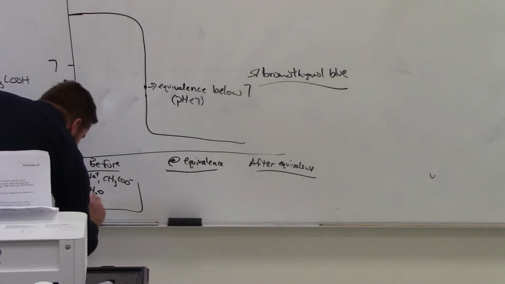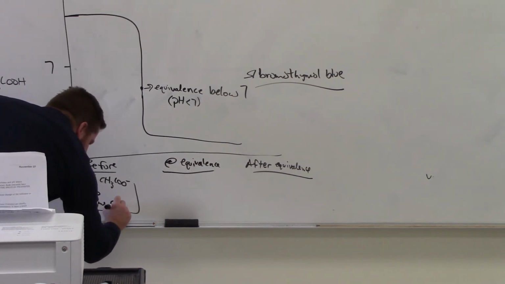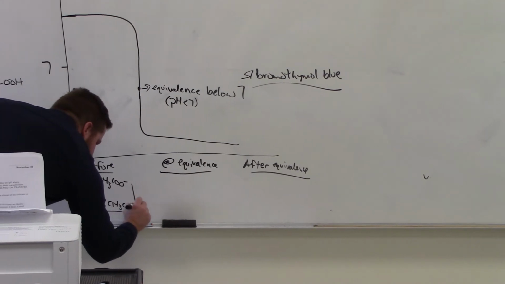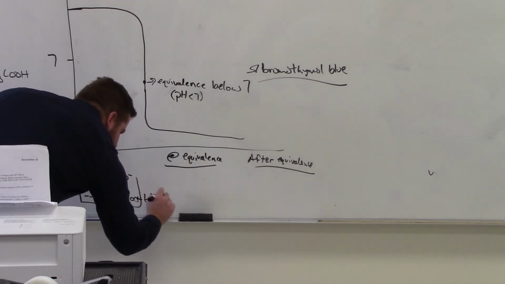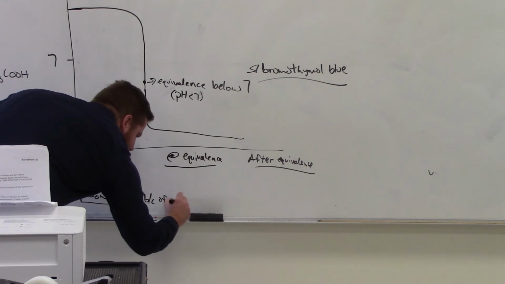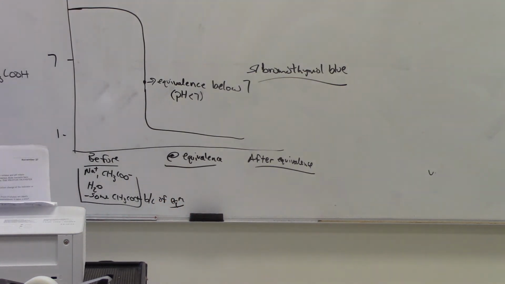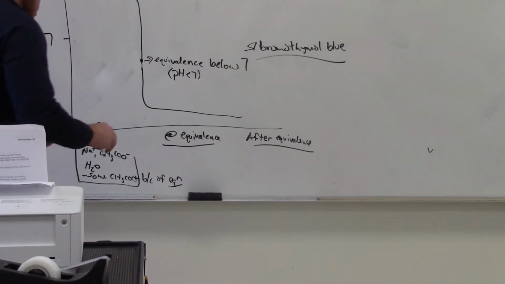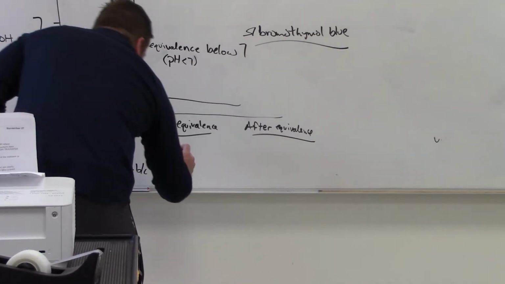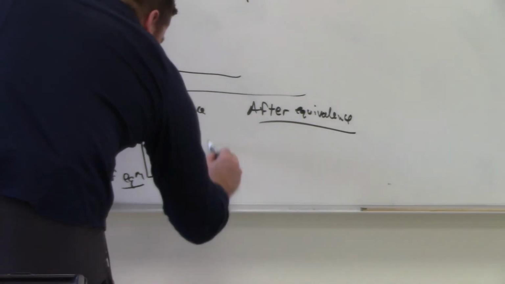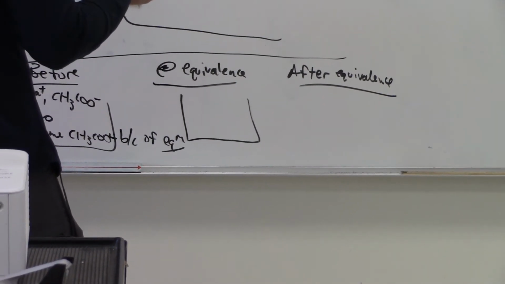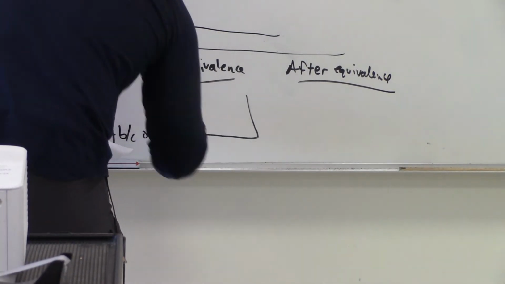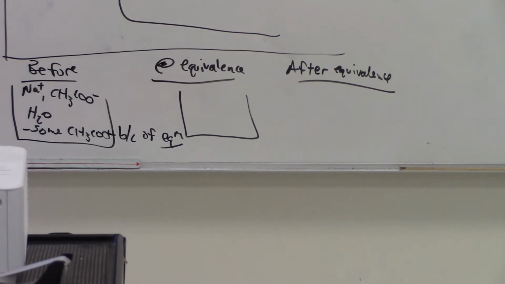And there'll be some CH3COOH because of equilibrium. So this is a weak acid, weak base equilibrium system that exists before the titration. Can you see that? Okay. Now, at equivalence or at the end point, all you have are products. So there's only going to be that.